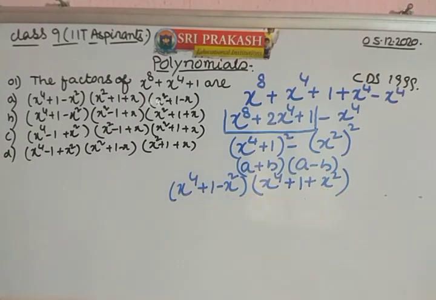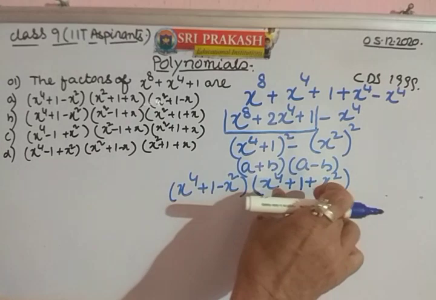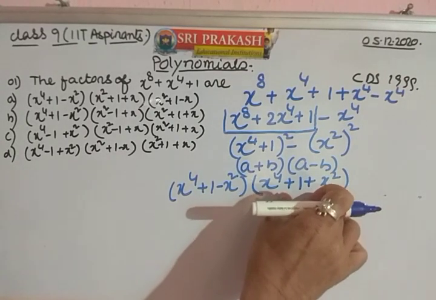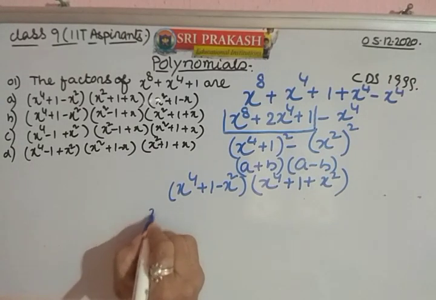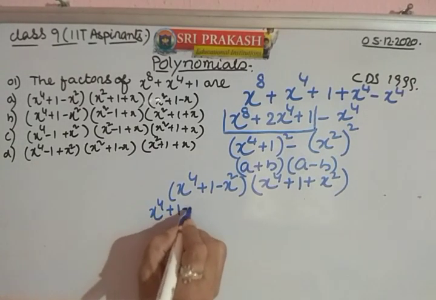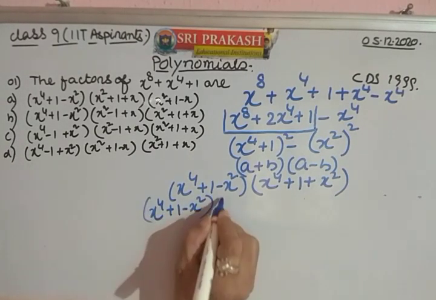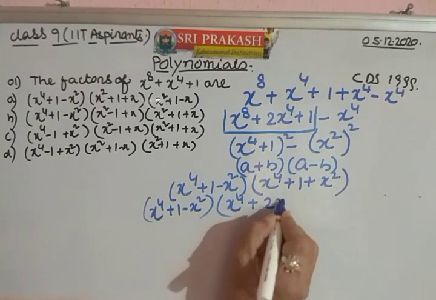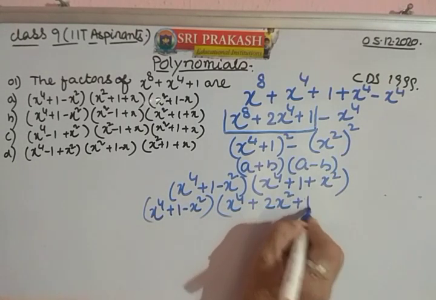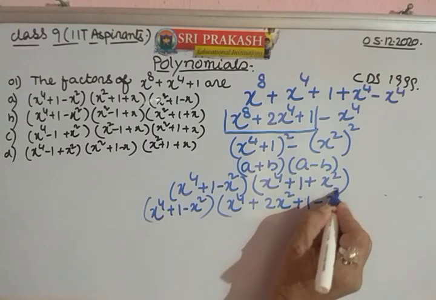Again let us add and subtract x square here. x to the power of 4 plus 2x square plus 1 minus x square.